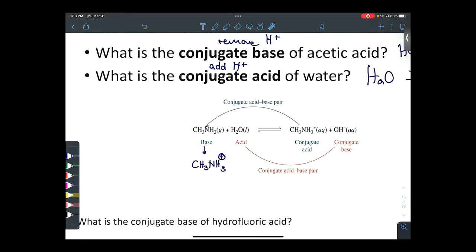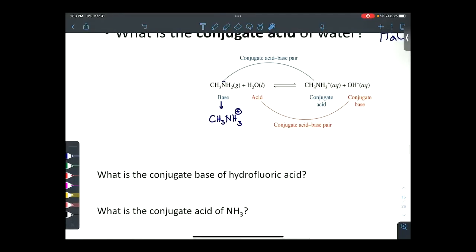All right, so let's do some other ones. Let's write the conjugate base of hydrofluoric acid. So there's kind of two questions embedded here because I don't give you a formula. So you have to know or figure out what that chemical formula is. So hydrofluoric acid. I always remember the longest names are the simplest formulas.